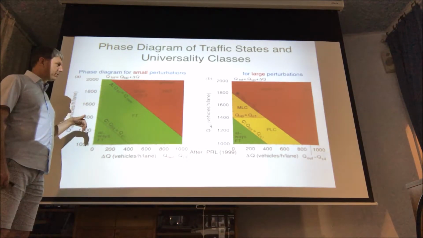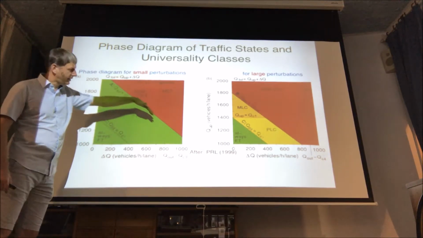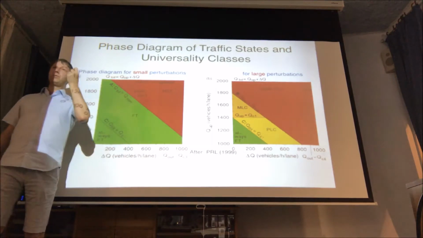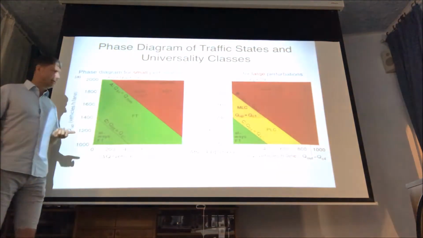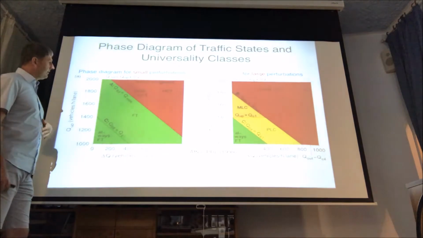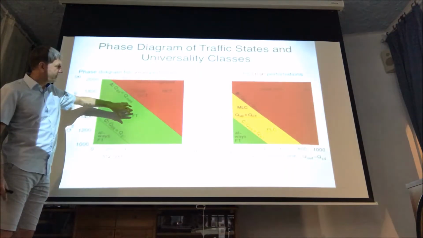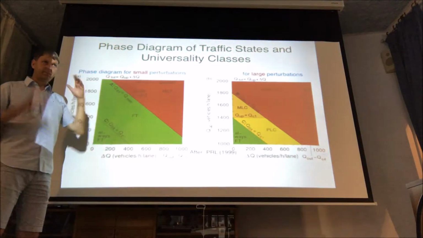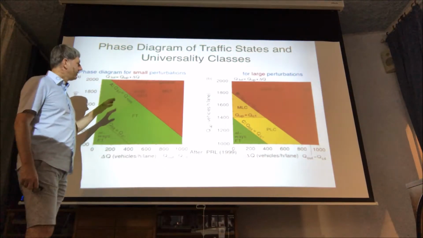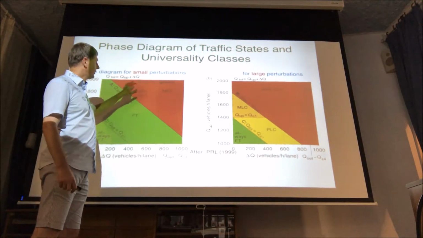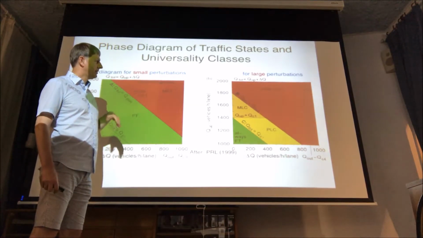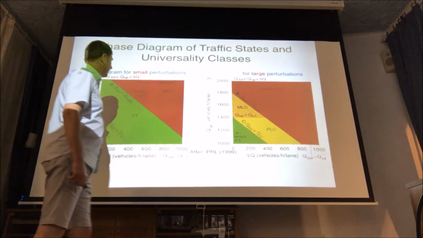The sum of both, that means along the diagonal lines, is the downstream traffic flow, the traffic volume, basically. So as you increase the traffic volume, you go from free traffic to congested traffic. Makes a lot of sense. And then you would have stop and go waves and homogeneous congested traffic separated from each other.